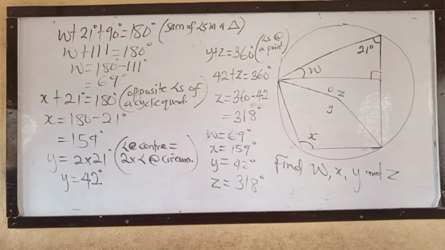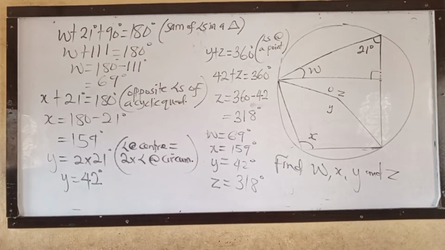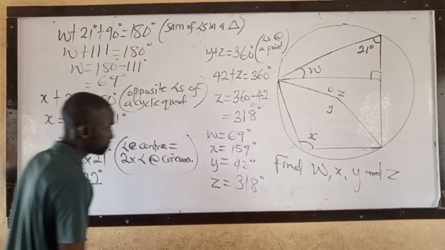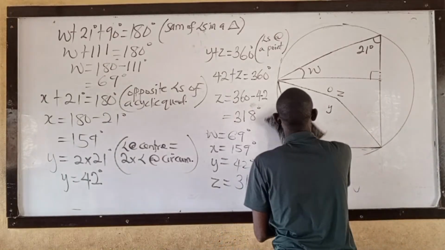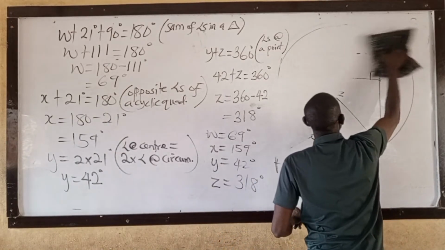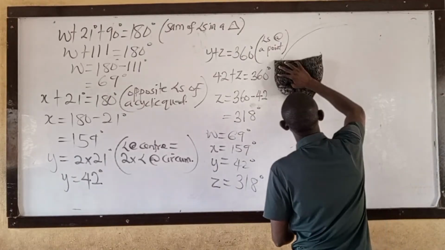So let's take the last one. The angle between a tangent and a chord is equal to the angle in the alternate segment.